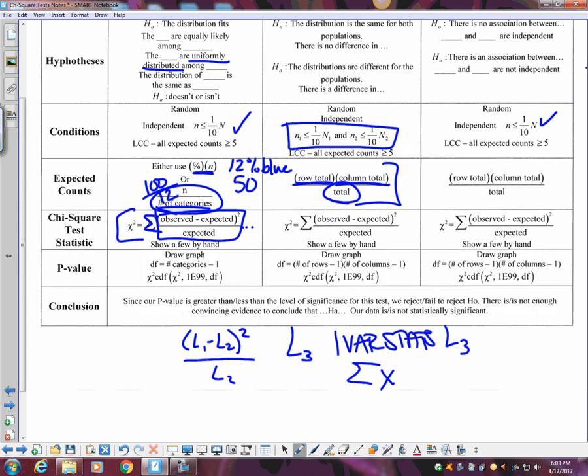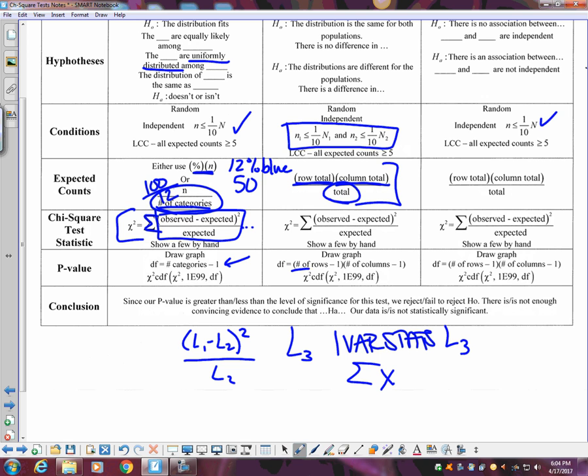P-value, obviously you're going to draw a graph. Your degrees of freedom, well, when you're a one-way table, it's just the number of categories minus 1. Don't get confused with a two-sample test or a two-sample interval where you take the smaller sample size and subtract 1 for your degrees of freedom.